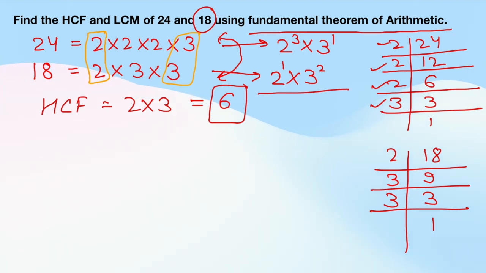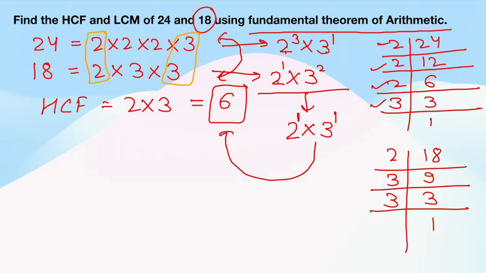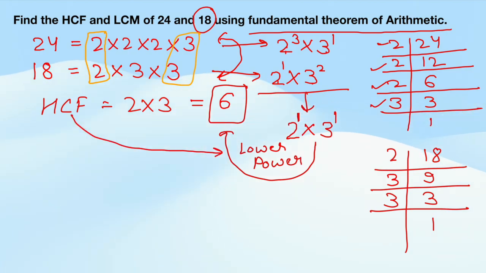So I can take the lower power. 2 to the power 1 into 3 to the power 1; between 3 to the power 1 and 3 to the power 2, what is common? 3 to the power 1. So I can do it like that as well. Means I have to take the lower powers if I have converted it into this format, and I can find the HCF. Clear? In LCM, because it is a multiple, what should be done?